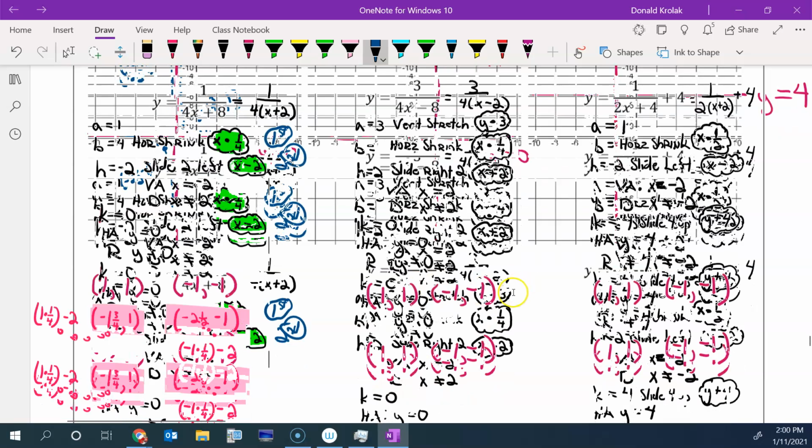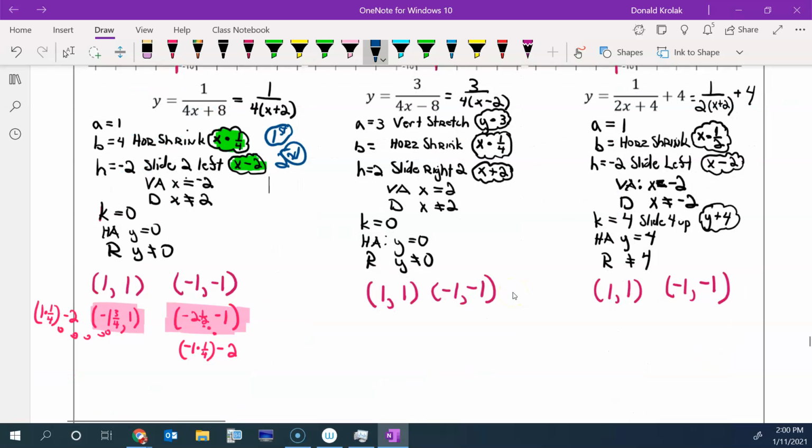Okay. All right, now you've got 3 things happening. 2 of them work on the x's. So I'm going to do the multiplication guy first, and then the adding and subtracting one second.